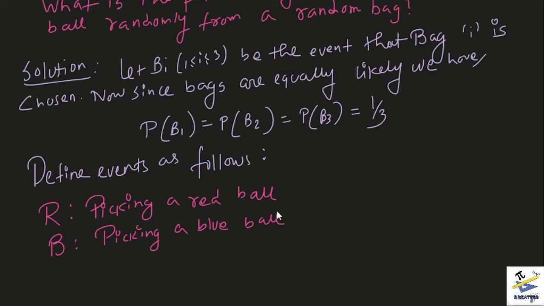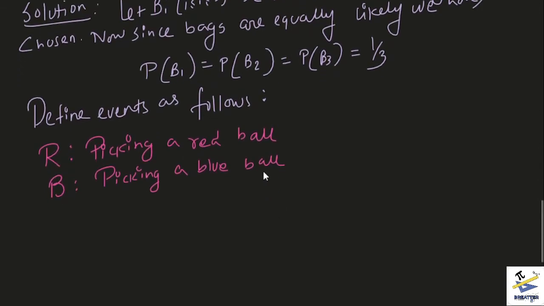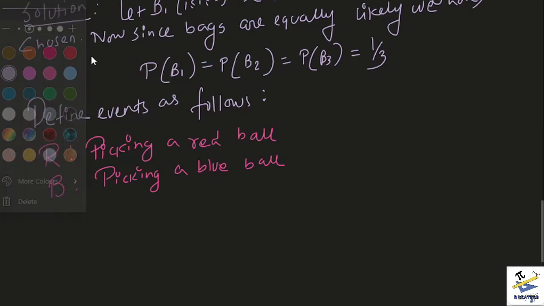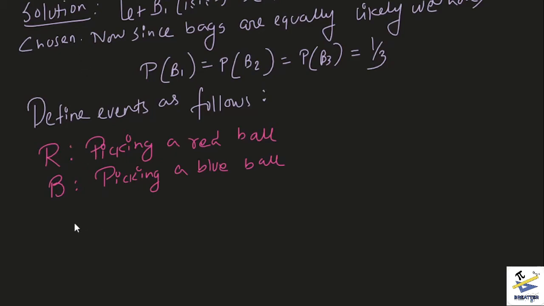So R and B, right? Now, as we have already defined all our events, B is fine actually, because this is B subscript i, which is very much different from B, and we can distinguish it perfectly.